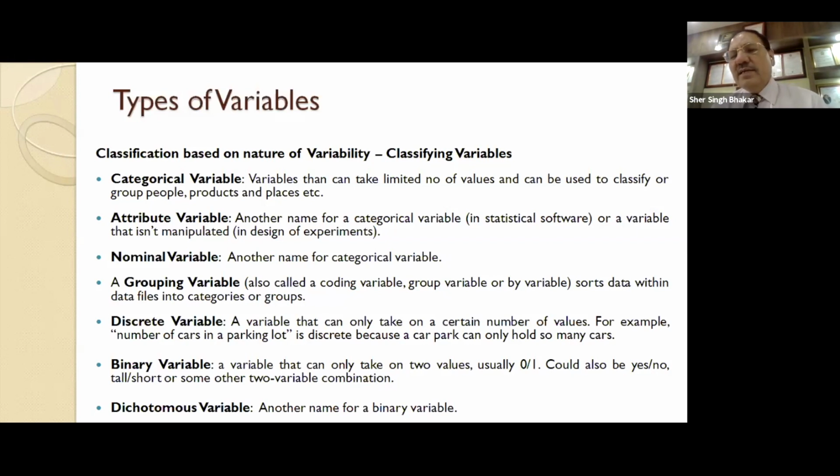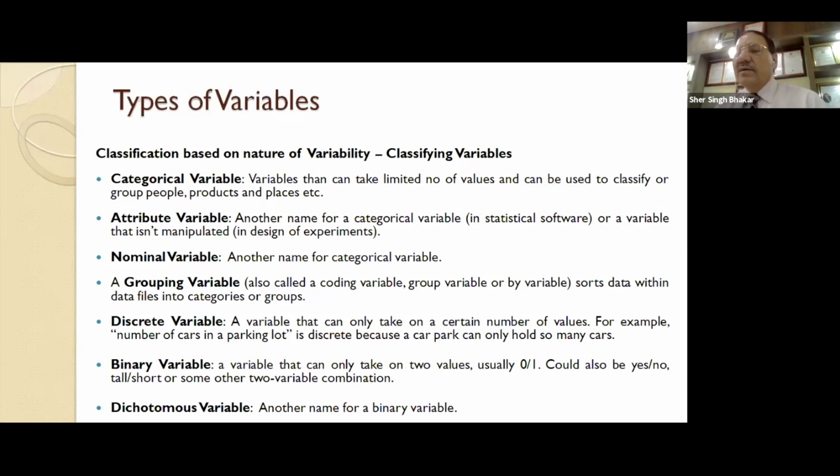And naturally, these variables will all be category variables, or we call them attribute variables. Attribute variables, we use for, say, products, or for say shopping complexes, etc. So what is a categorical variable?